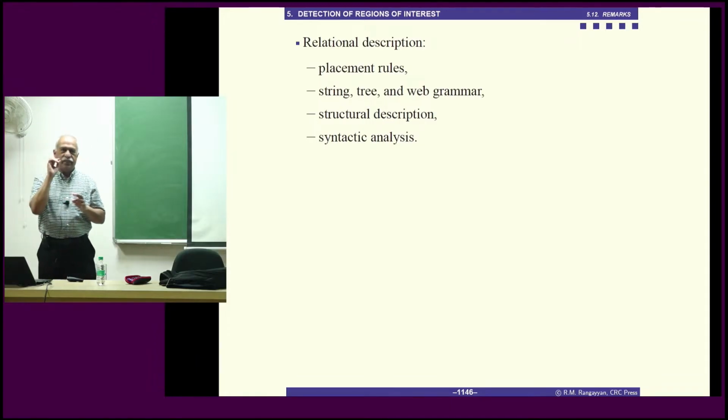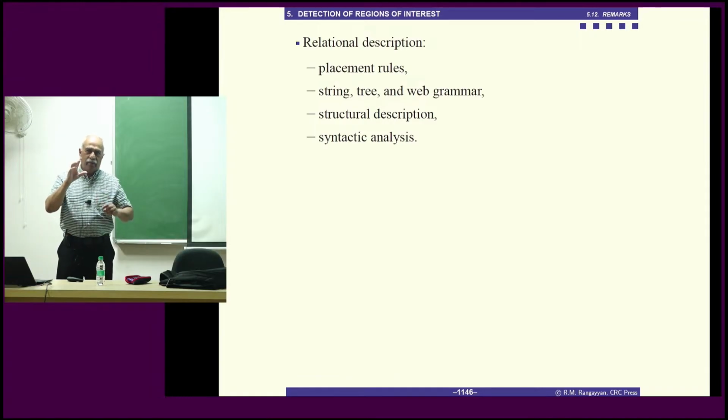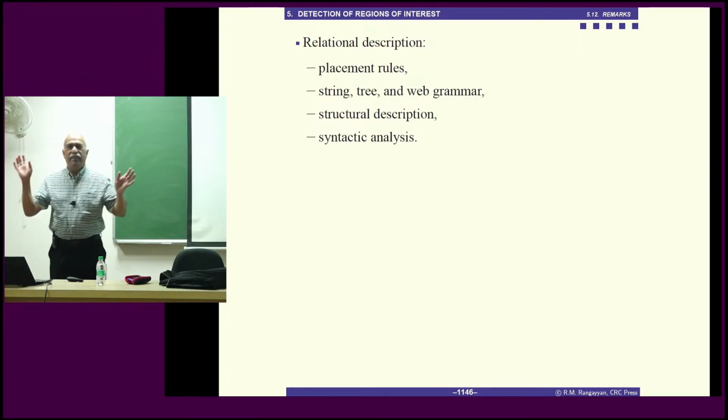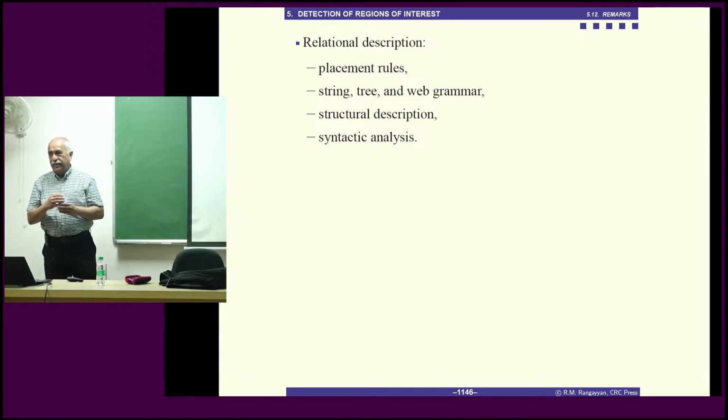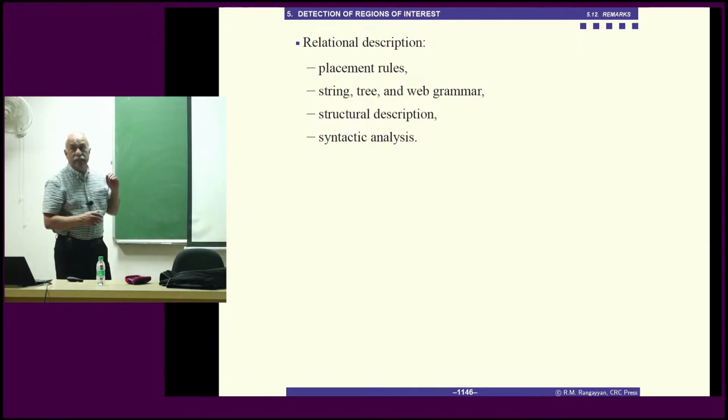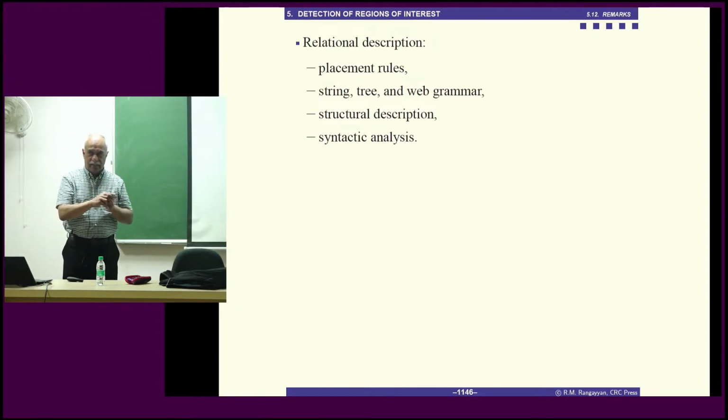You detect each calcification, but then you have to put all of the information together. How many calcifications did you detect in the image? Are they placed in a small area in a cluster, or are they distributed at random? And are they placed along a straight line, like a duct? So these are important, and that would be the relational description between multiple regions that you have detected.